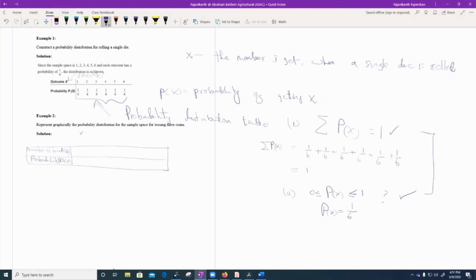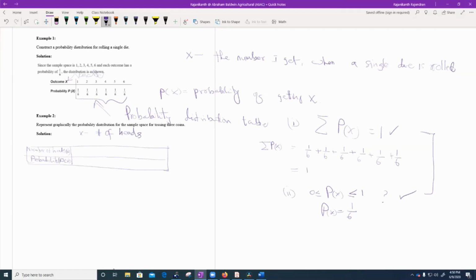I'm looking for the number of heads among these 3 experiments, tossing a coin consecutively 3 times, or tossing 3 coins. So my x is the number of heads I get when I toss 3 coins simultaneously.